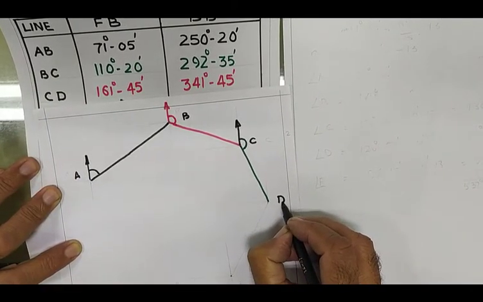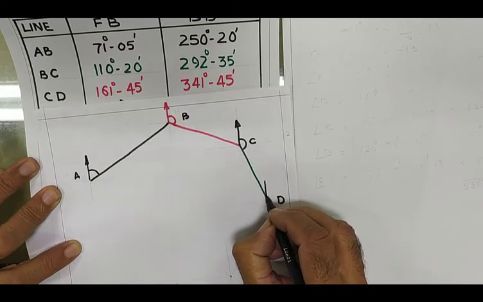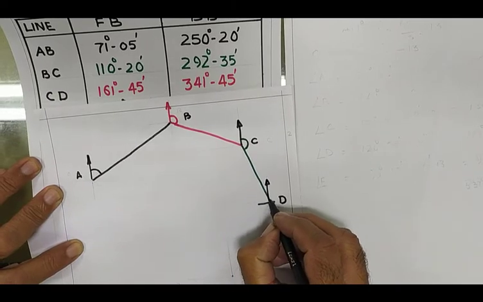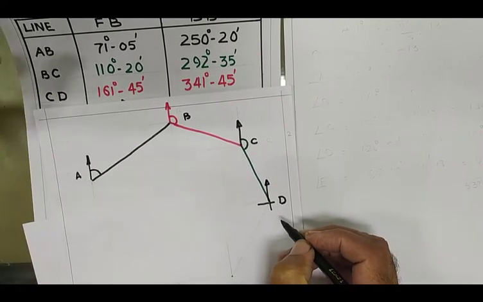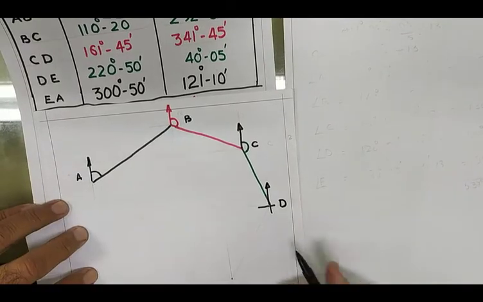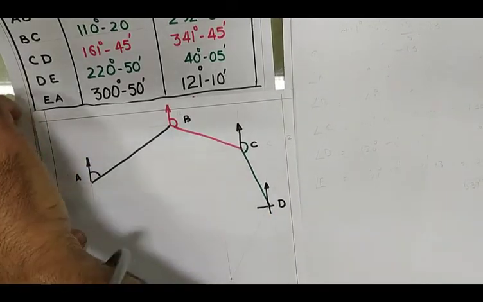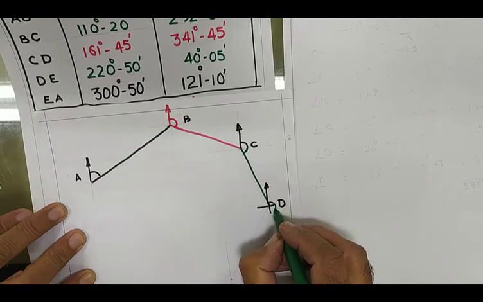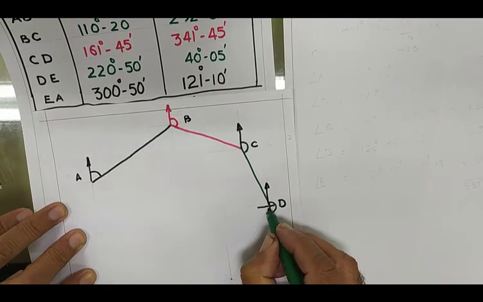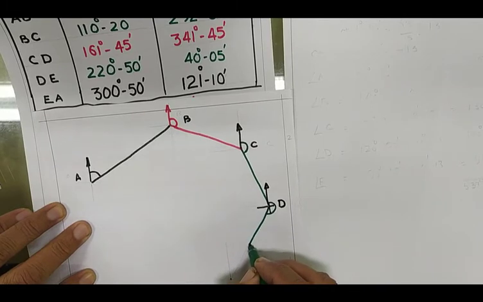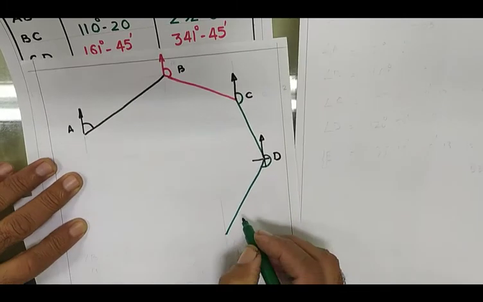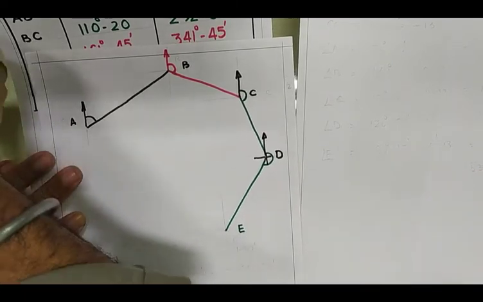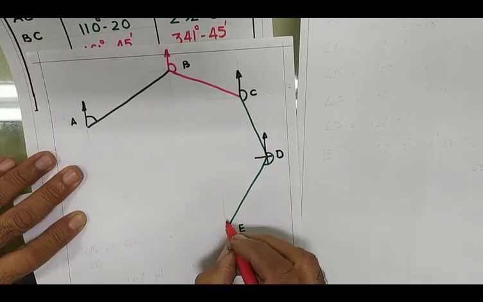Then you mark any point D over there. This is the proportionate sketch you have to make. You mark the north line over here. Then the fore bearing of the next line DE is given as 220 degrees. From here you make an angle of 180 degrees plus, this is the 220 degree line, and you mark the point E over here. From there, again you mark the north line.